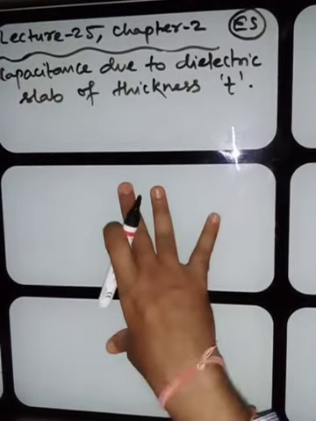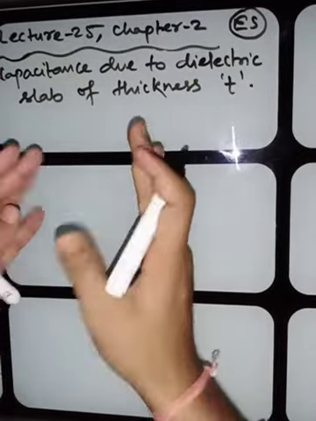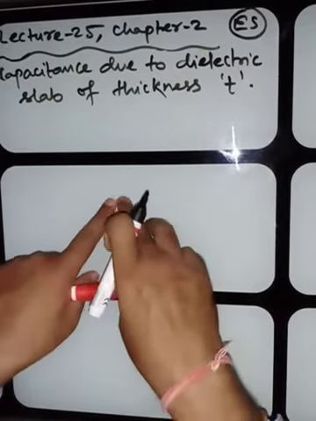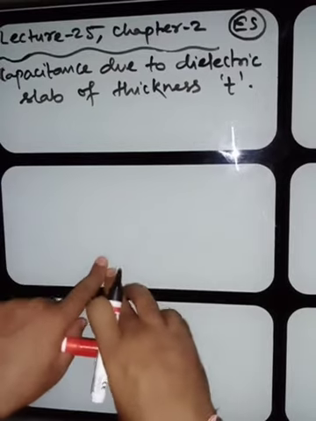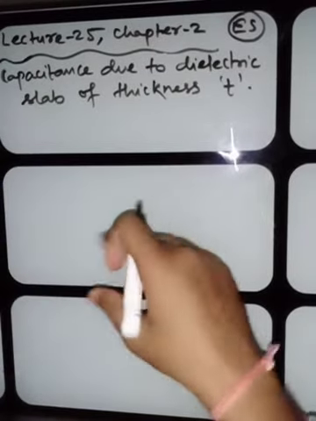I'm not here filling up completely the dielectric within the plates of the capacitor, but I am just giving you, if a certain space is being filled by the dielectric, then what will be the capacitance.